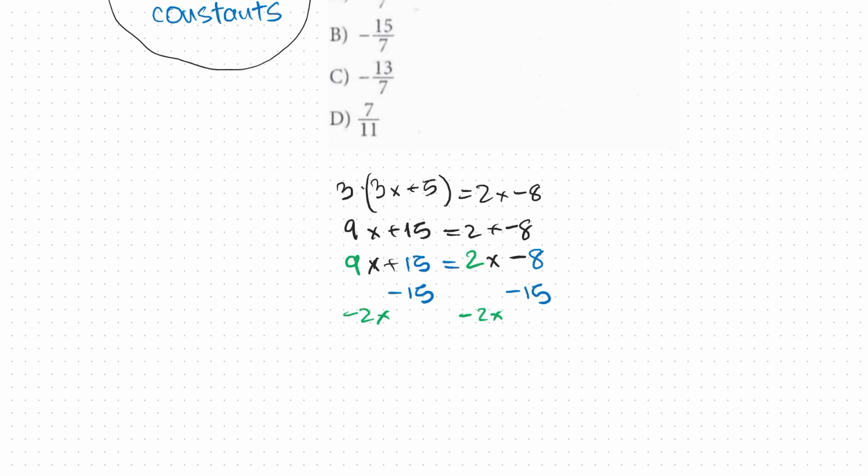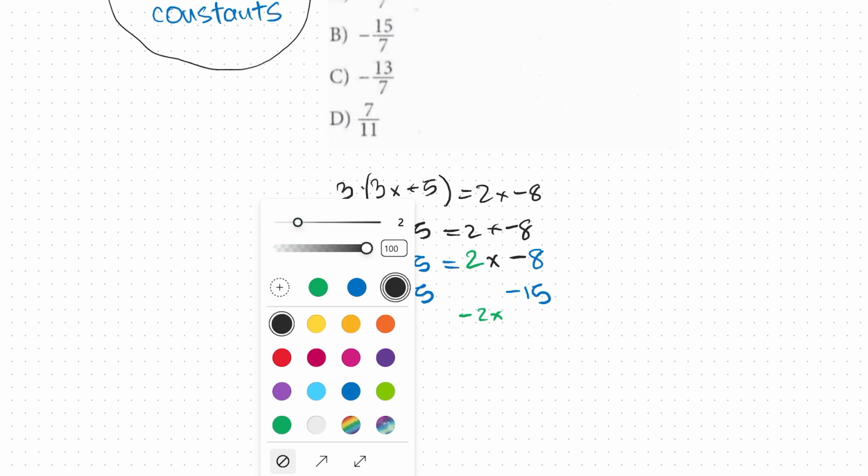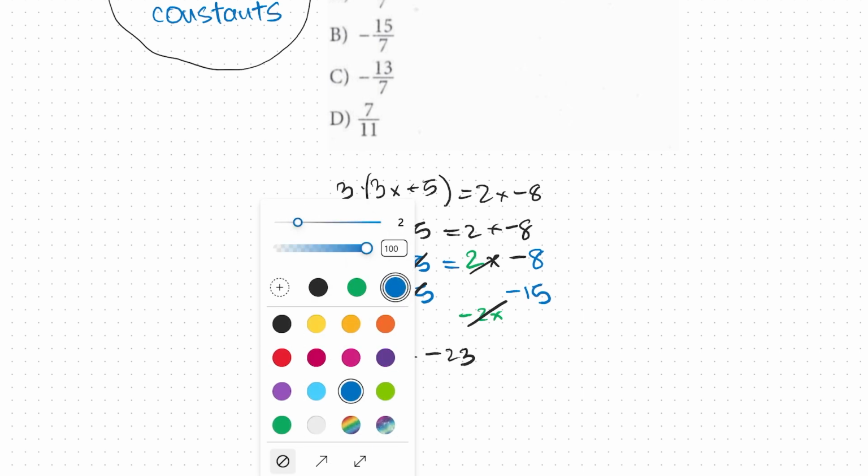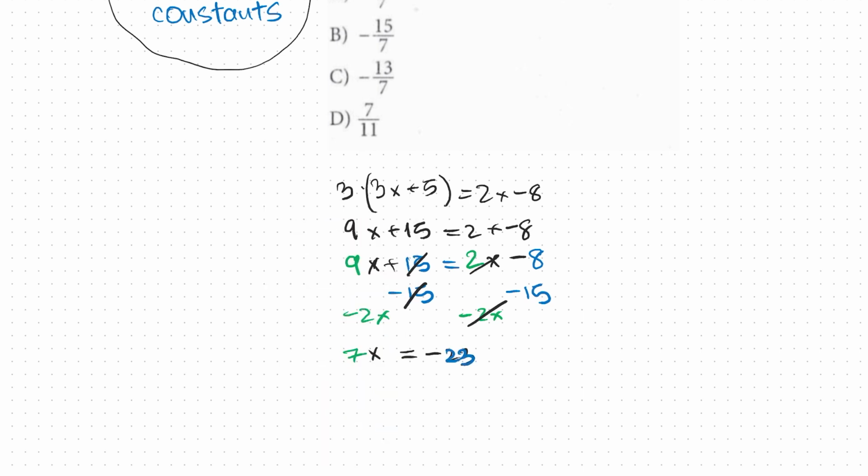So what does that come out to? It comes out to 9 minus 2x, which is going to be 7x. This 15 cancels out, and then 7x will be equal to, this 2x also cancels out, it will be negative 23. And actually, let me write that in blue since it's a constant, negative 23.